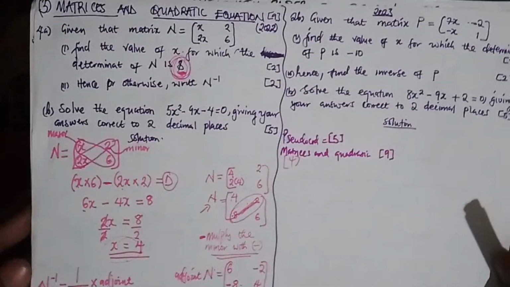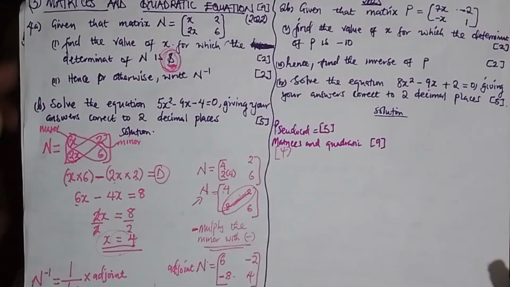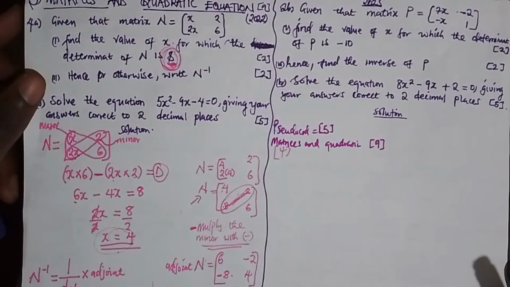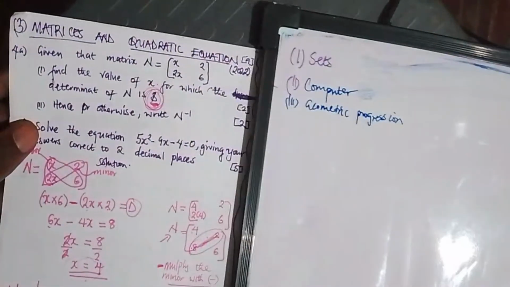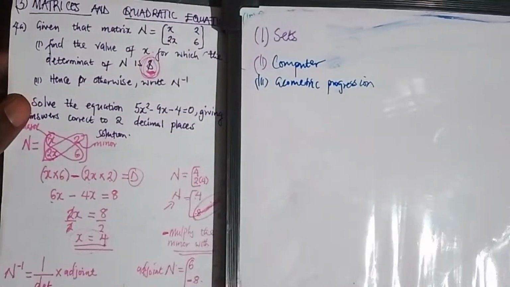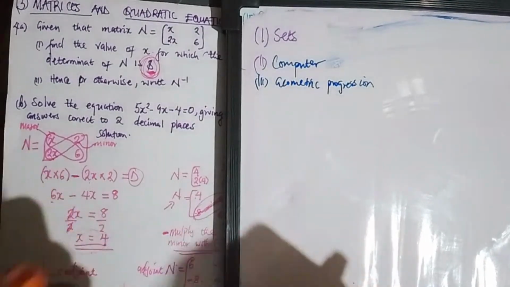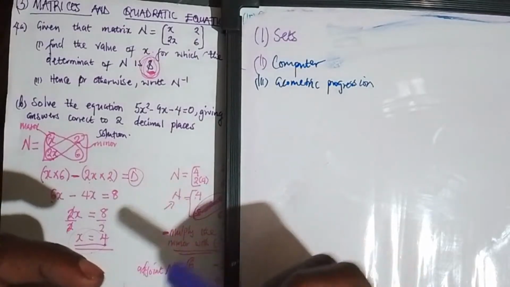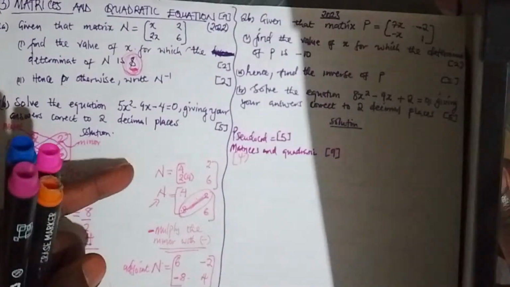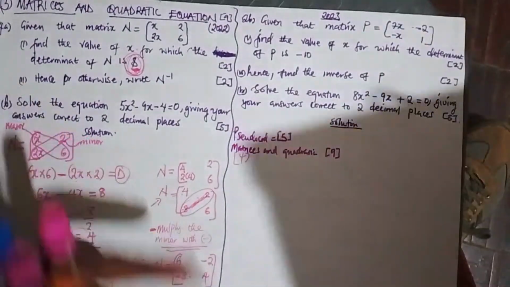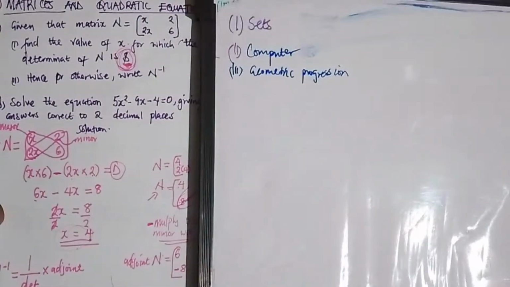So you need to pay particular attention, although it is simple and most people know it. The question is saying, solve the equation 5x squared minus 9x minus 4, giving your answer correct to 2 decimal places. So let's solve it together.